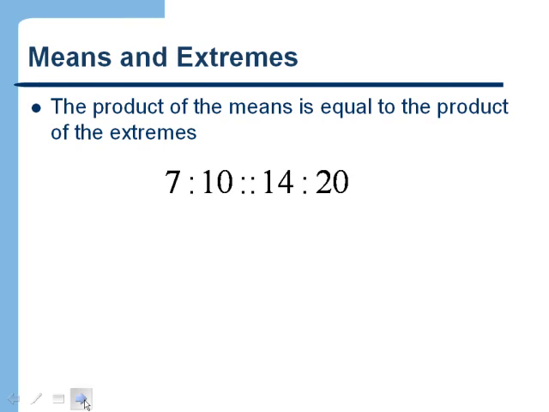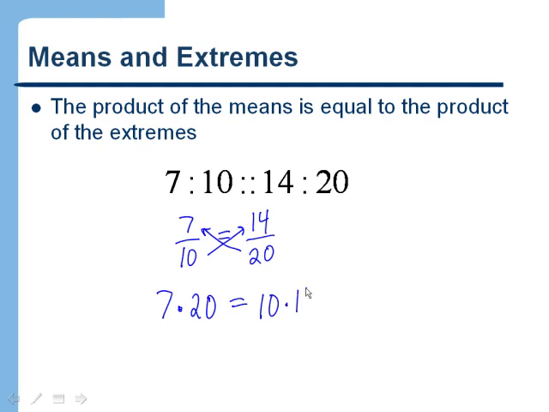So looking at this proportion, we have 7 over 10 is equal to 14 over 20. In other words, 7 is to 10 as 14 is to 20. And you'll notice that I can simply cross-multiply here. So 7 times 20 has to be equal to 10 times 14. And of course we know that already from our study of fractions.